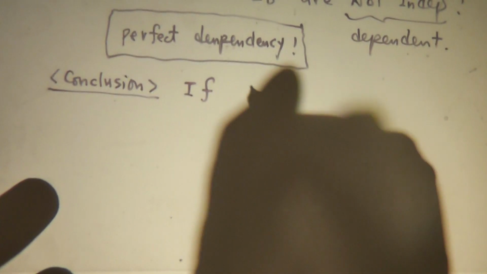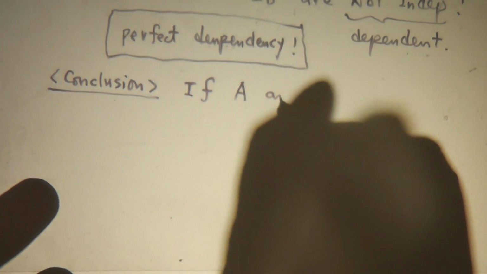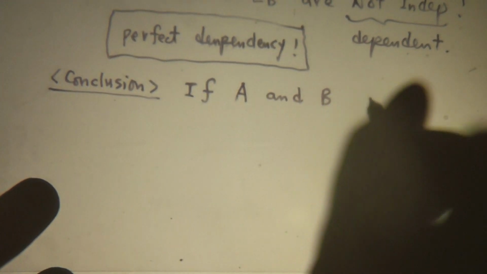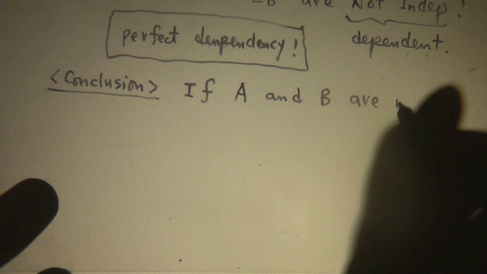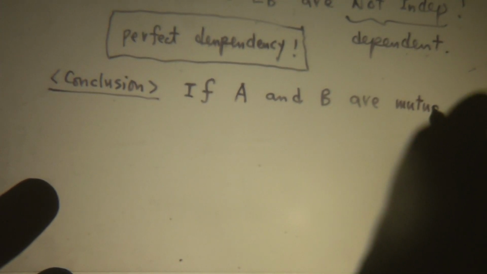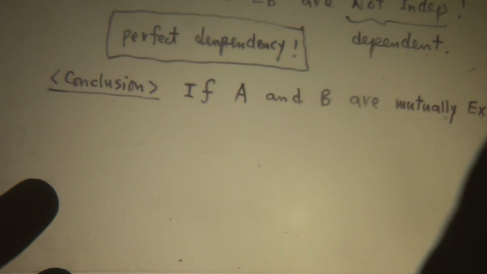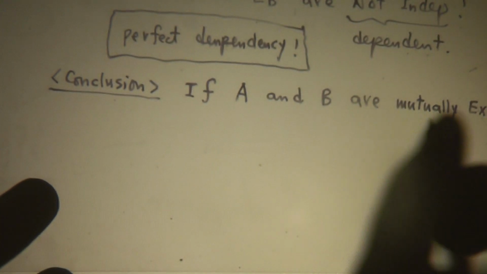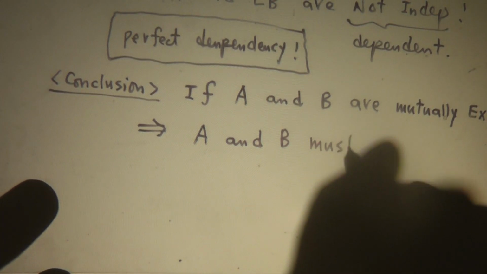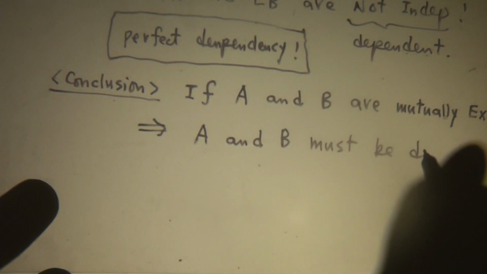The conclusion is that if A and B are mutually exclusive, or disjoint, that means A and B must be dependent.